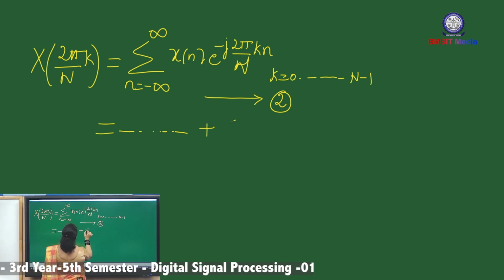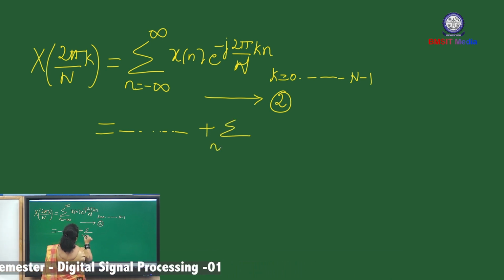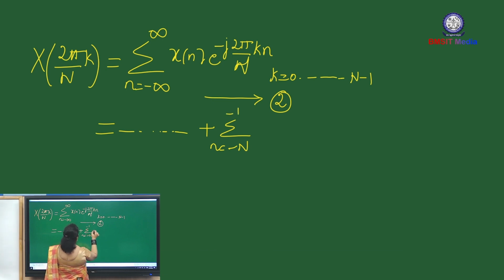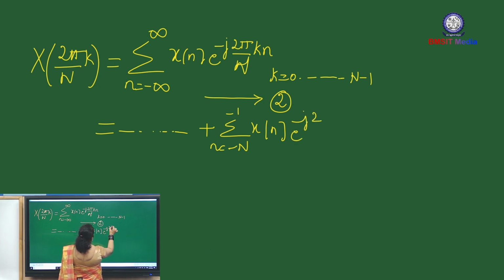Plus n varying from minus N to minus 1 x of n e raised to minus j 2 pi by N k n.